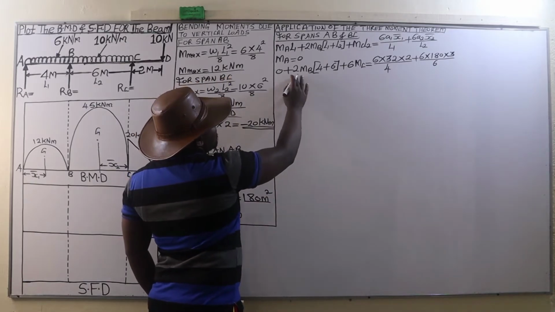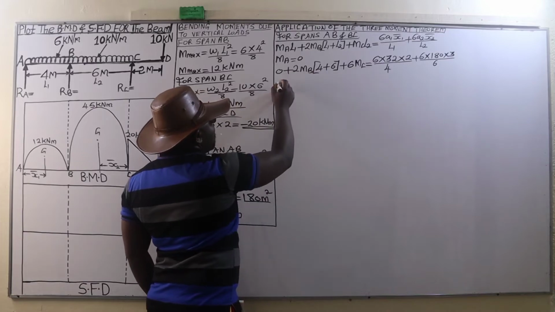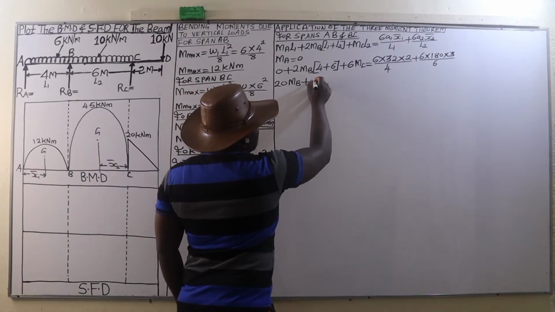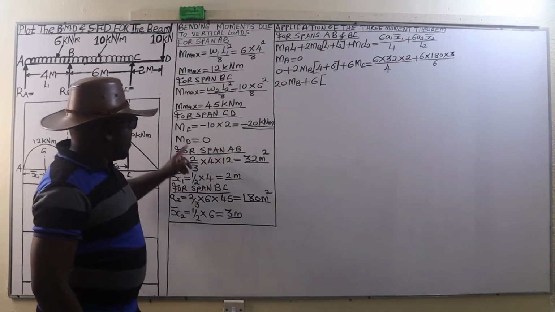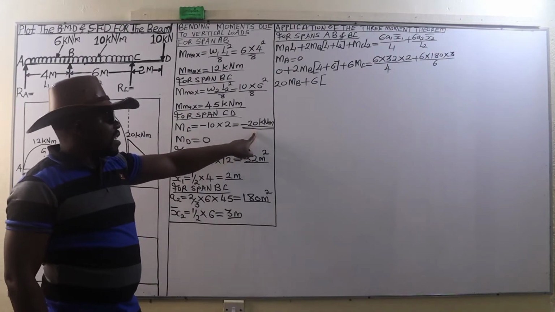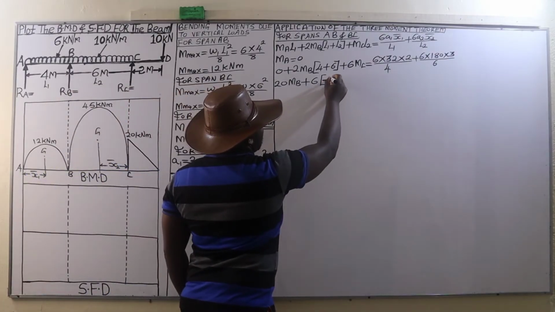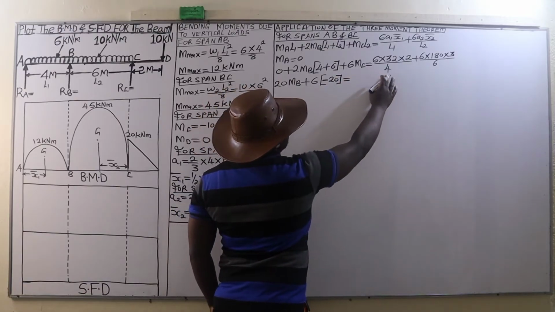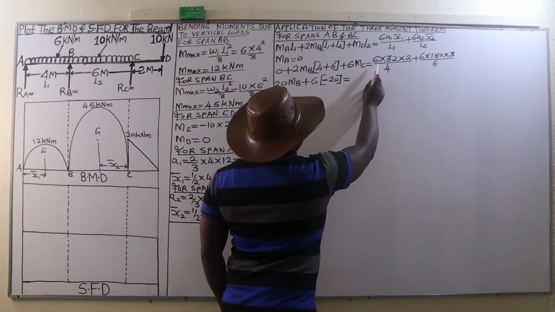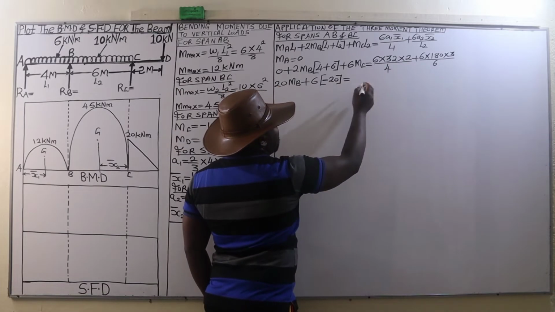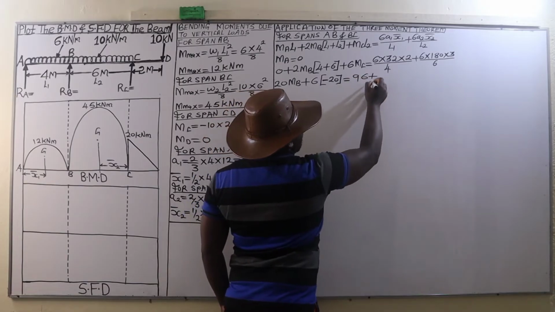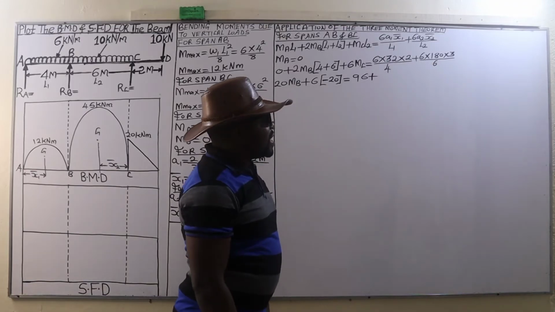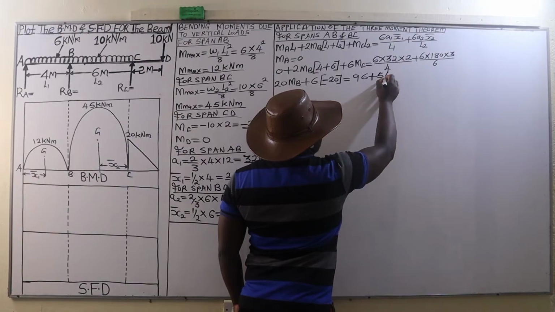So this is going to give us 4 plus 6, that is 10, times 2, 20. So we got 20 MB plus 6 multiplied by the value of bending moment at C, which is negative 20 kilonewton meters. So 6 multiplied by negative 20. This one will be equal to 6 times 32 times 2 divided by 4, that is going to give us 96, plus, this 6 and this 6 will cancel out, so we are going to have 180 times 3, which is 540.